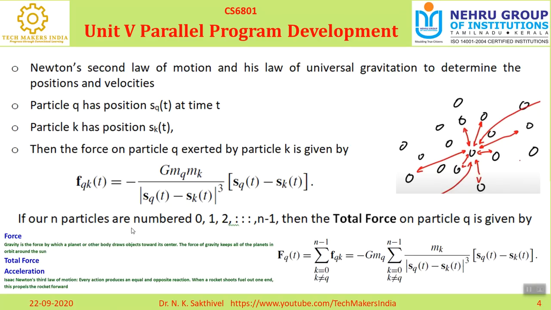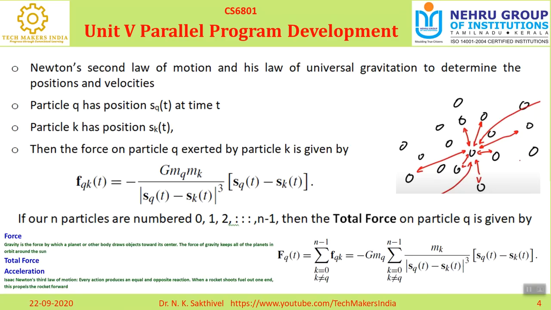So because of these calculations, this is the formula. S_Q refers to the Q position, S_K to the K position. With this formula we can calculate the force of Q and K, with respect to Q, exerted by K, or with respect to K, exerted by Q. That's all. So this is the force.